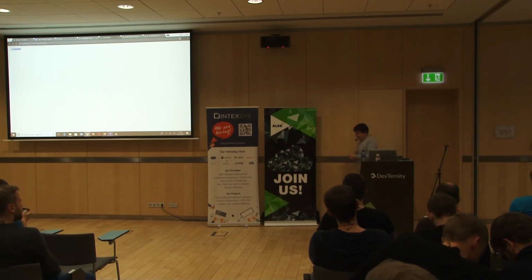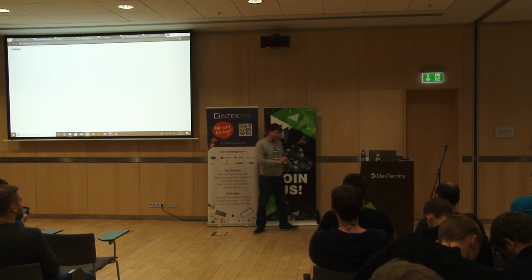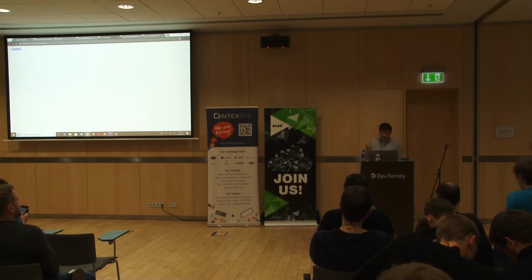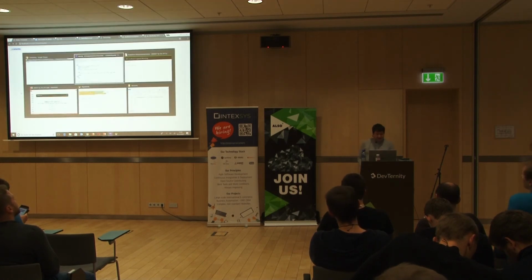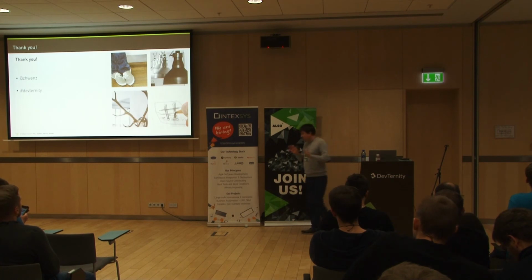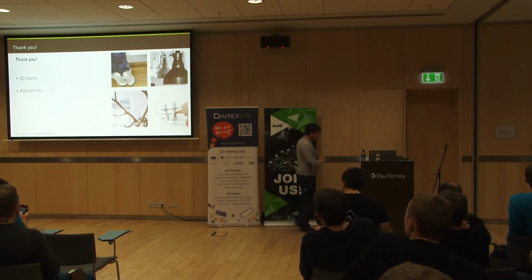The next list is then due in 2020, so I'm really curious to find out how the list will look back then in the future. And as I always say when I talk about security, better be paranoid than offline, right? So any security mechanism you're doing is making your web application better.